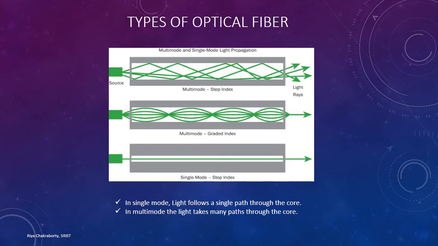In practice, there are three commonly used types of fiber optic cable. The multi-mode step index fiber cable is probably the most common and widely used type. The main advantage of a multi-mode step index fiber is the large size.